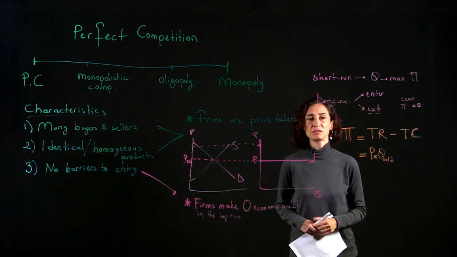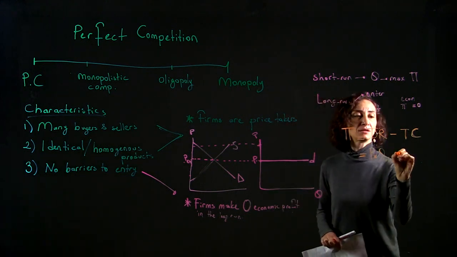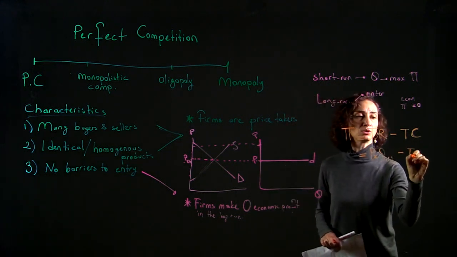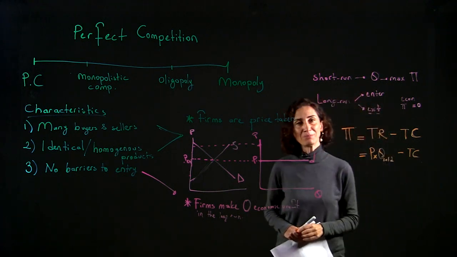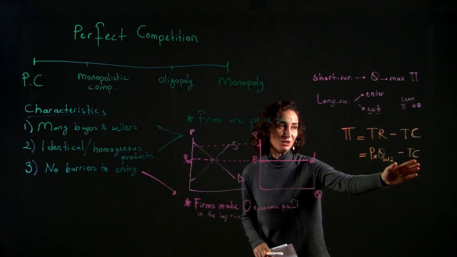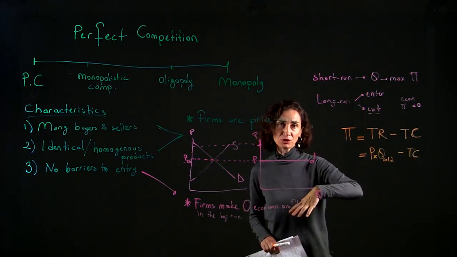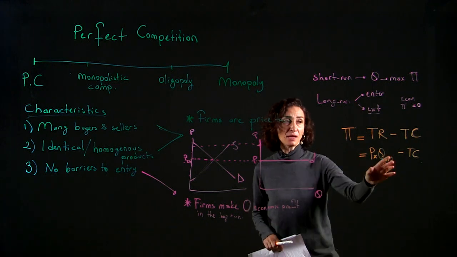That is total revenue. Minus total cost. And total cost, remember, in the previous lecture, we saw the shapes of cost curves and production curves and how they are related.